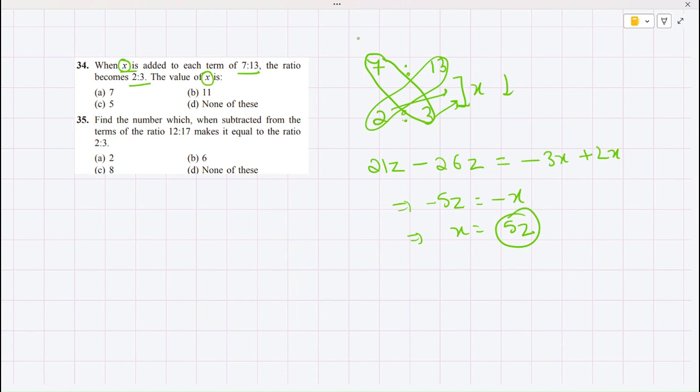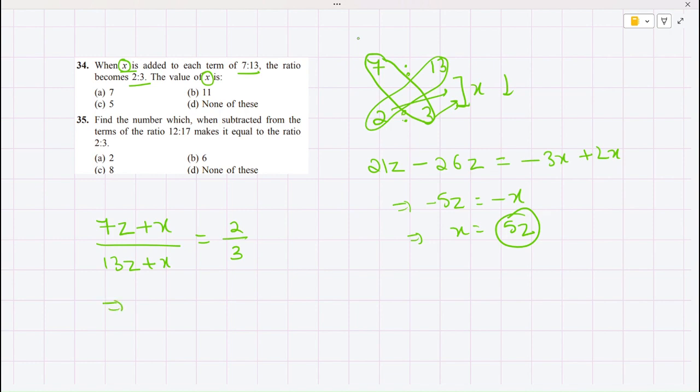If we try to understand this particular question, this is a bit different question. So if we try to understand this question by the normal method, then you would have written here, suppose this is the number 7z, right? And x is added to this, then to each term, the second term 13z, we are adding x, then it will be equal to 2:3, so we write 2/3 here.